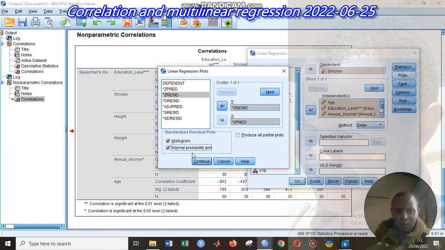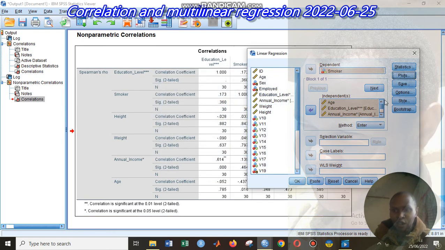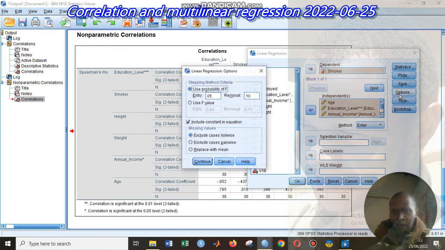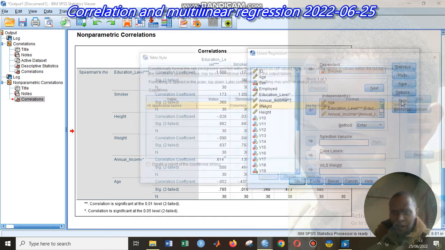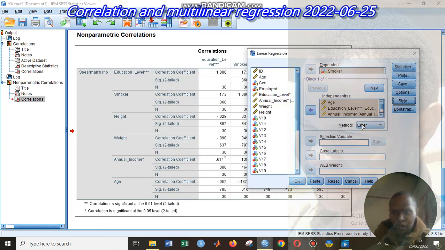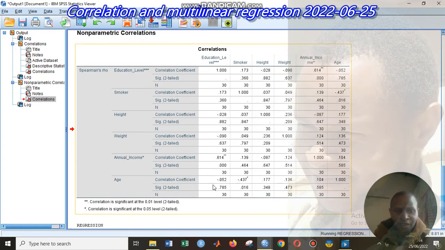Histogram, the normal probability plot. Then continue. I think there's nothing to check here, just continue. Then options, I think that is correct. Then we click on OK.